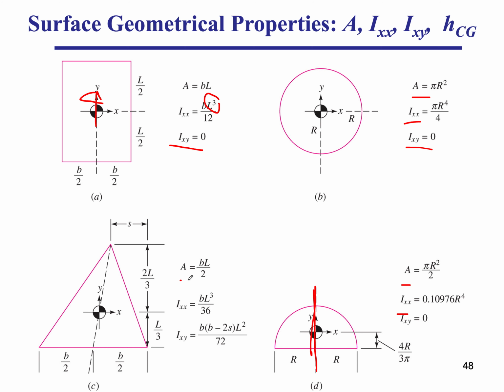If you have its area, the height times the base, and you get the IXX. But look at this distance S. So when you're completely symmetric, the B minus 2S will be 0. So you have complete decoupling of the two motions. But when you have lack of symmetry, when that is non-zero, you're going to get a tendency to rotate in one direction when you rotate in the other direction.